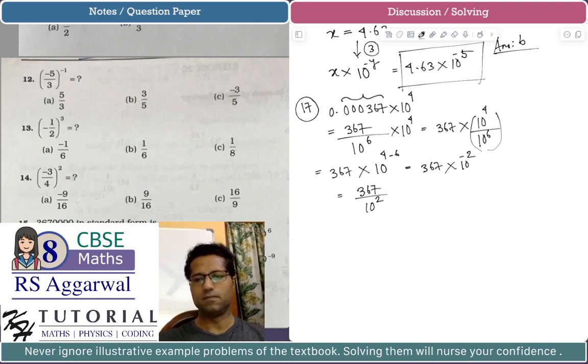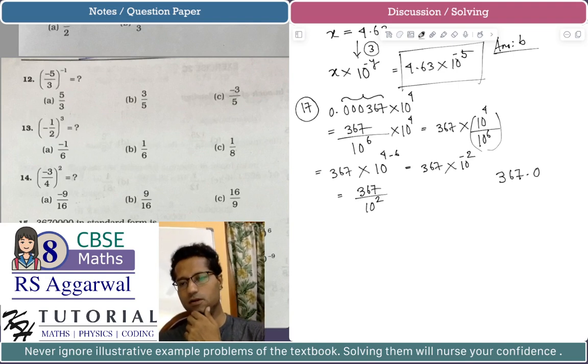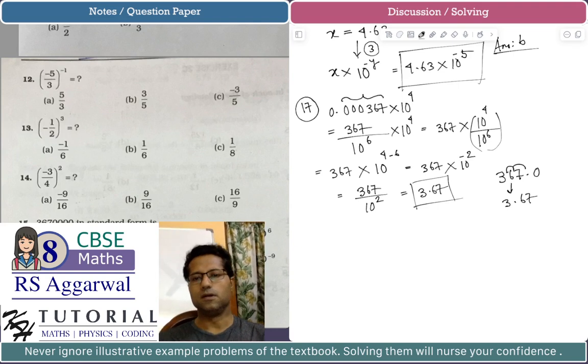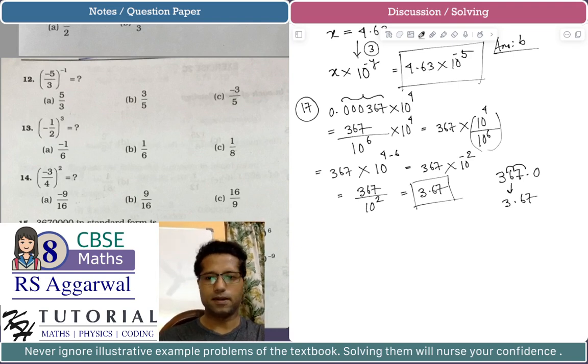The decimal number in the numerator is 367, which can be written as 367.0. Now you shift the decimal point 2 places to the left, and it becomes 3.67. So this is finally equal to 3.67. So this is the number in usual form, and the answer is choice A.